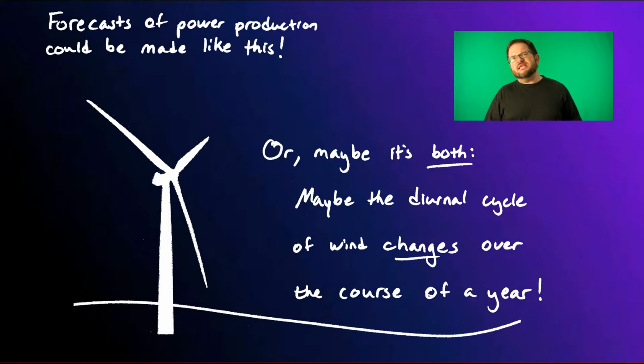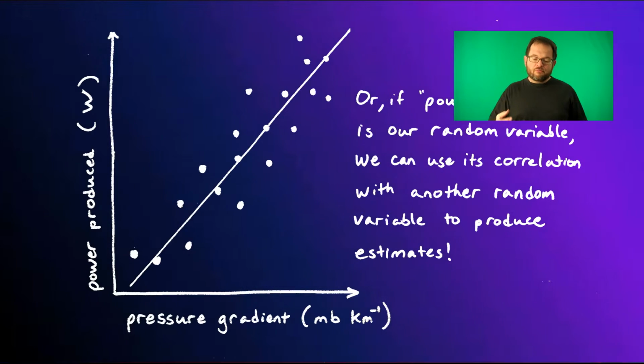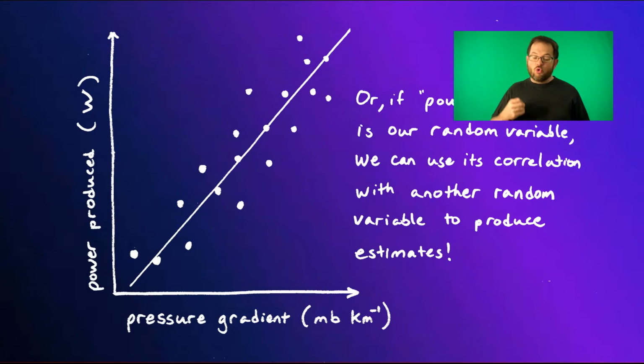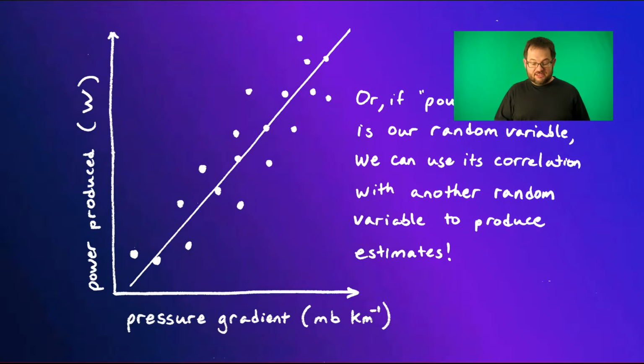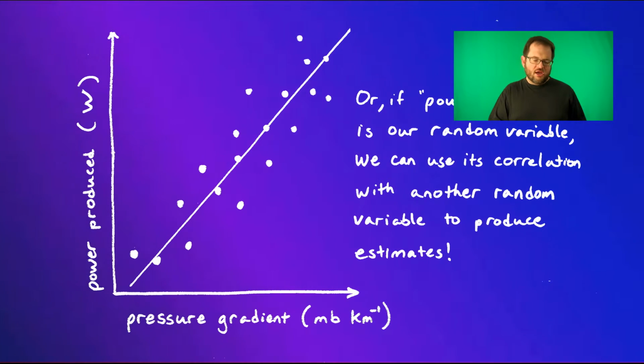But if we're just thinking about this in more of a statistical kind of way, if power produced is going to be our random variable, well, we could use its correlation with another random variable to produce some estimates. So, for example, here I've got some data, obviously just made up data, that I have plotted on an XY type scatter plot, where on the x-axis I have an observation of pressure gradient.